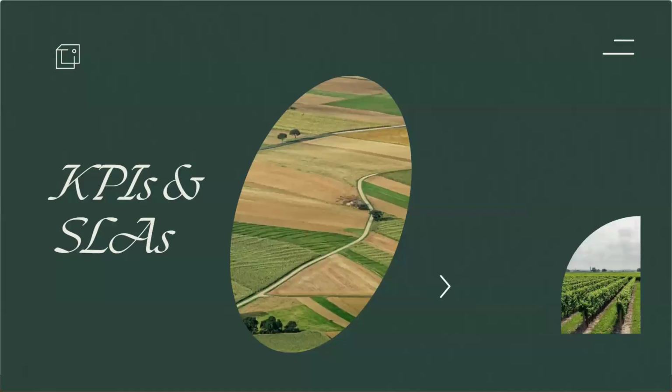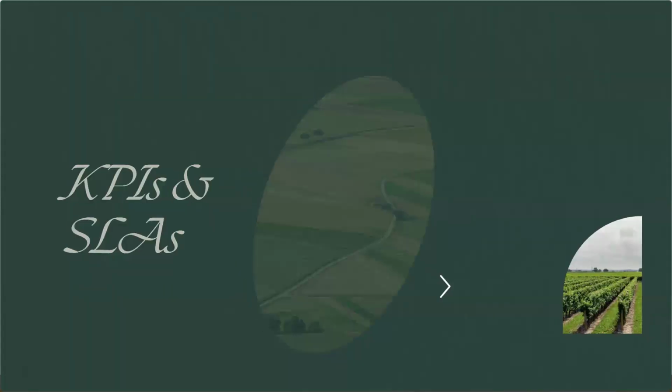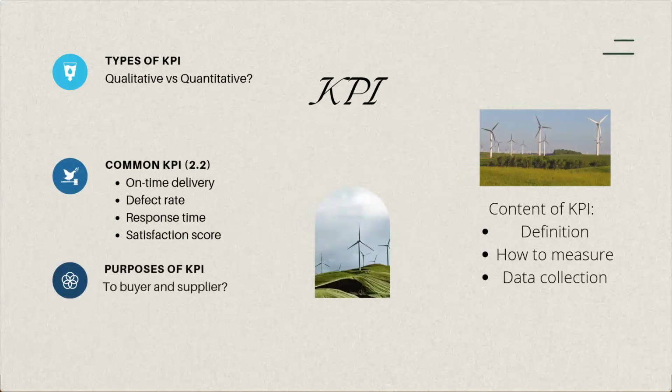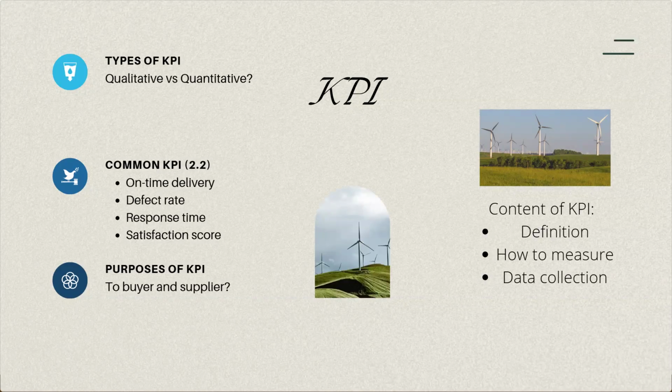Now, let's move on with KPIs and SLA. First, with KPIs, they are the measures, or they are kind of like a ruler that measures the performance of the supplier. We can set out different types of KPI under the contract.